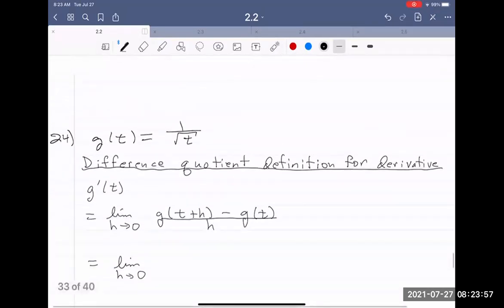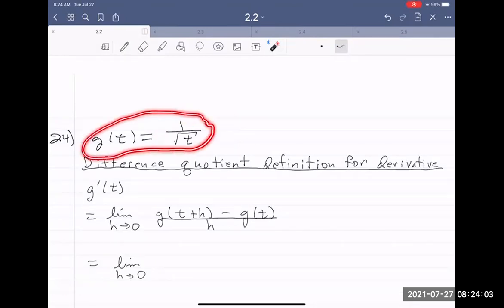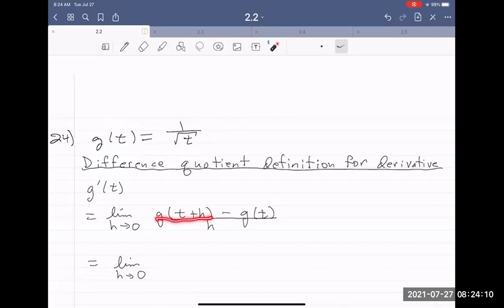So let's look at this particular situation for g. When g of t is equal to 1 over the square root of t. Well, to evaluate g of t plus h, wherever I see a t in the formula for g, I replace t by t plus h. So let's just replace this t here by t plus h.